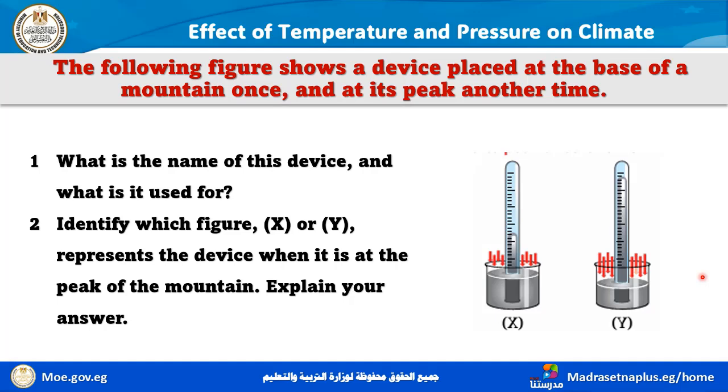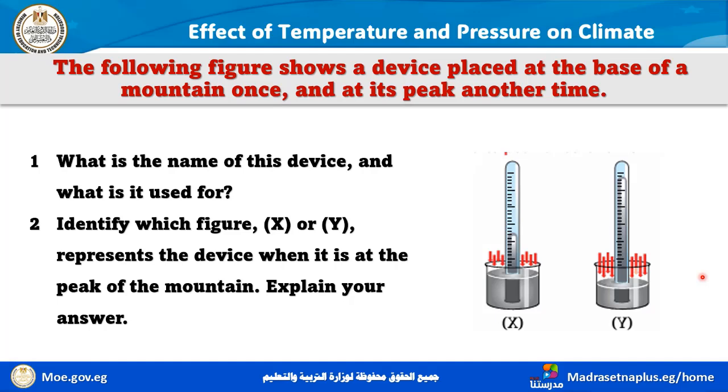Atmospheric pressure is caused by the weight of the air column above a certain point. As you move from the base of a mountain to its top, the height of the air column above you decreases and air becomes less dense. This means that the atmospheric pressure decreases at higher altitudes.